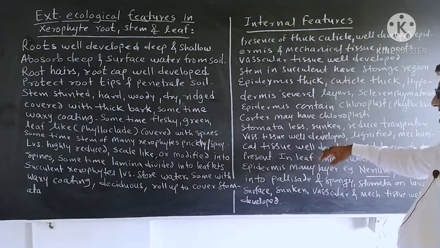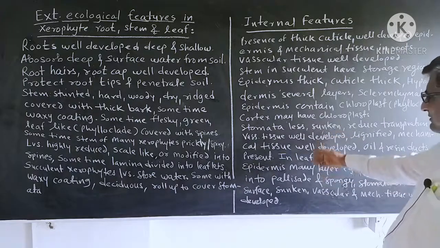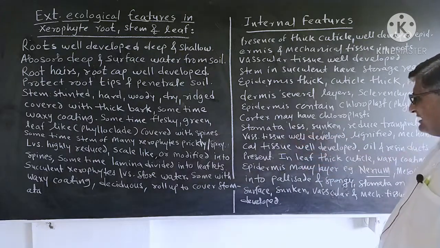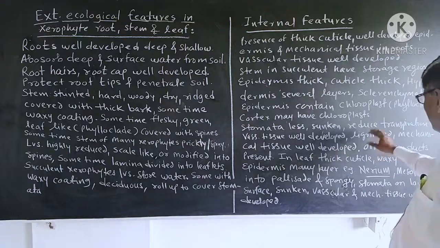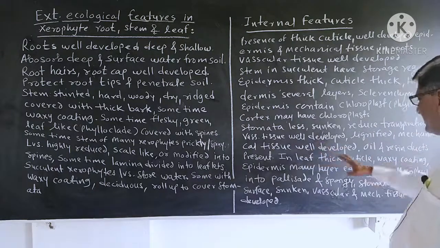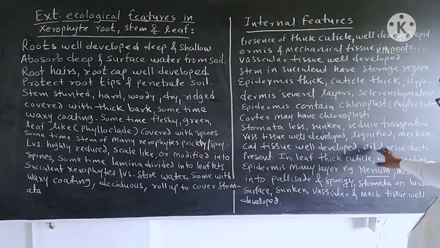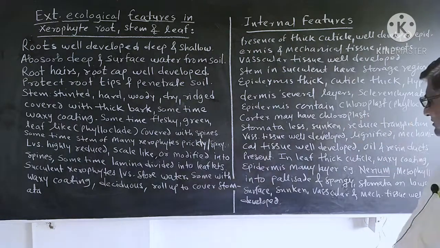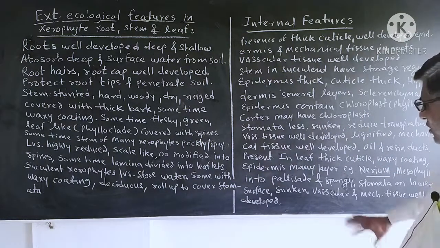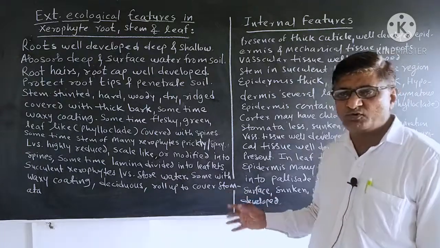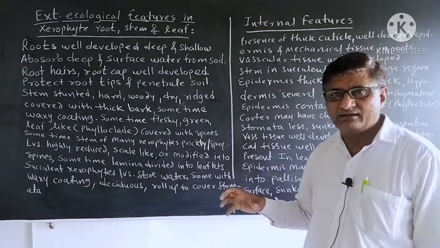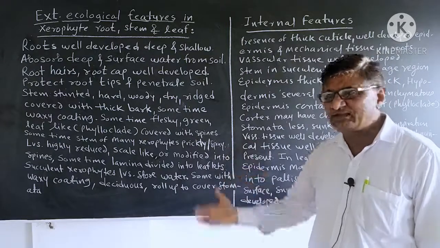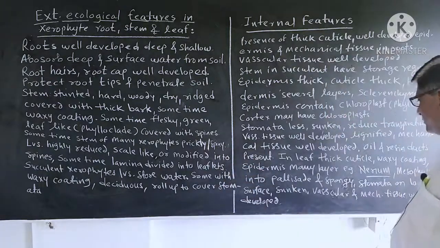As I said, in all organs, root, stem and leaves, the vascular tissue system is well developed, lignified mechanical tissue is also well developed, and oil and resin ducts are often present. All these structures help the xerophytic plant to withstand adverse conditions and get mechanical support.